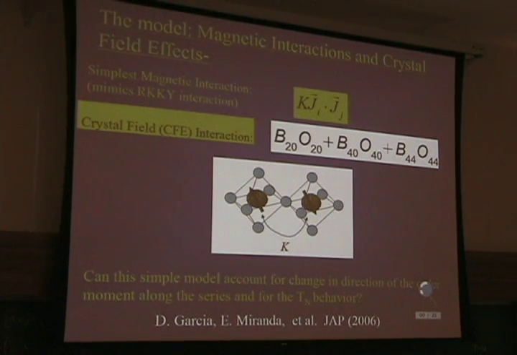We just use a mean field RKKY interaction and the crystal field Hamiltonian. Only this. And play around with the crystal field parameters and see if you can explain why cerium orders in the plane, why neodymium and terbium order along the c-axis, and why T_N should depend on the crystal fields.